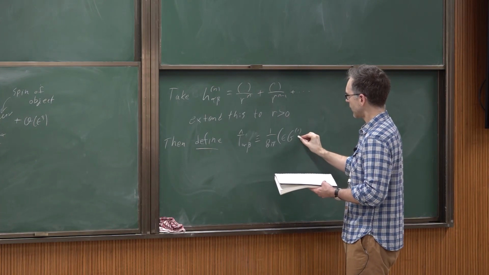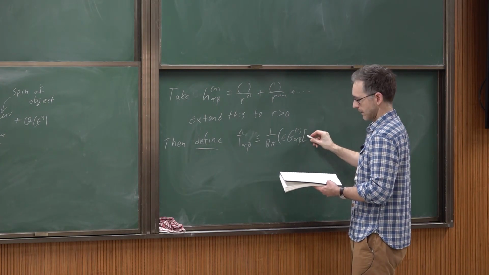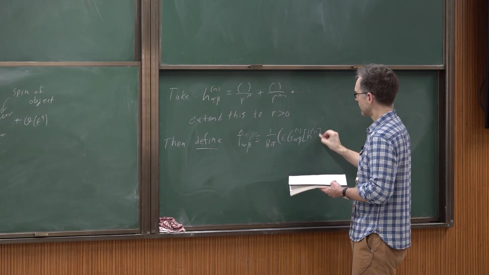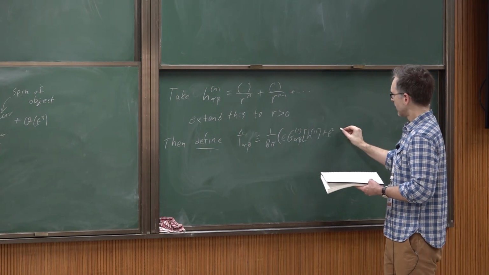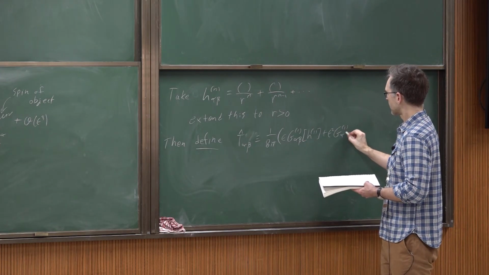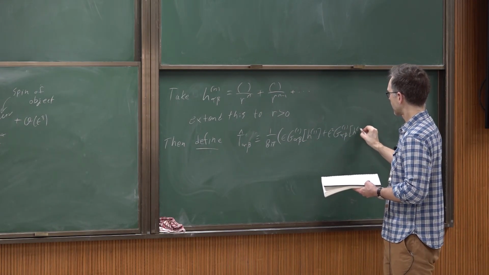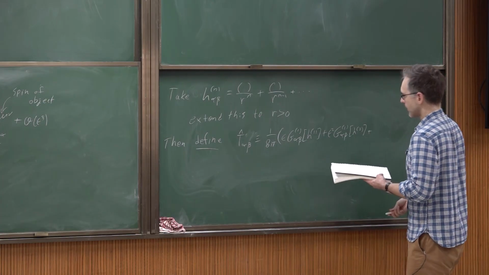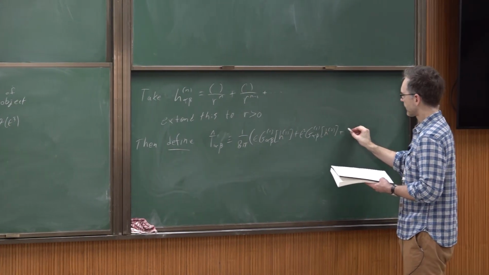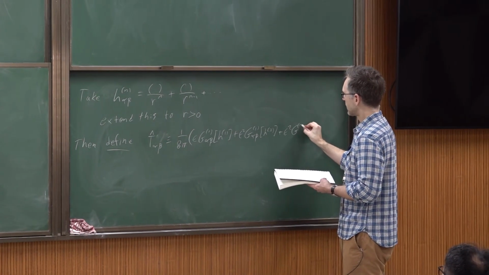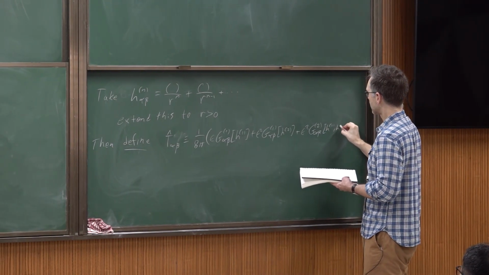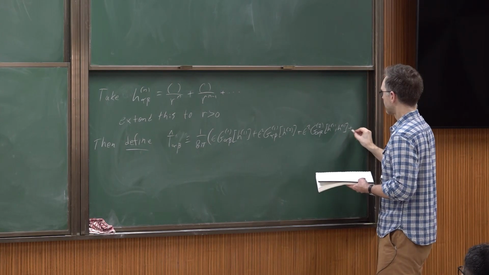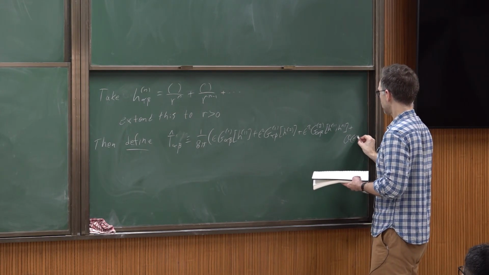So we've got G1 alpha beta of H1, plus epsilon squared G1 of H2, plus epsilon squared G2 alpha beta of H1 H1, plus order epsilon cubed.